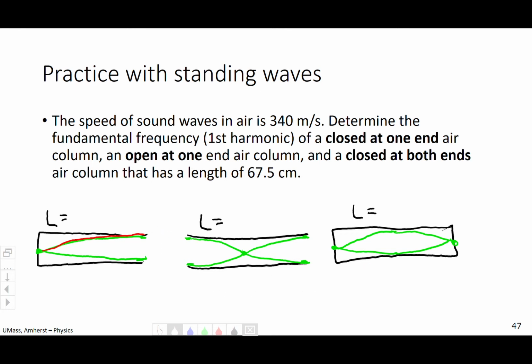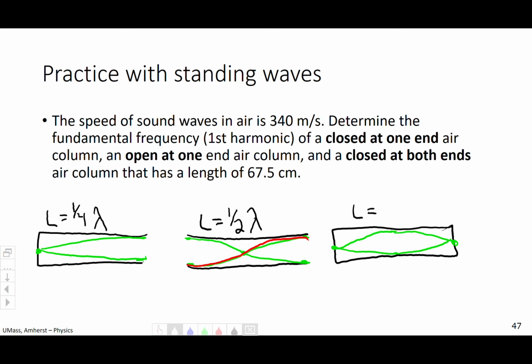So what it actually is, as it turns out, this length is 1/4 the wavelength. This length over here on the second one, we go from the base up. So we go from a trough to a crest, and we know from a trough to a crest is 1/2 of the wavelength.